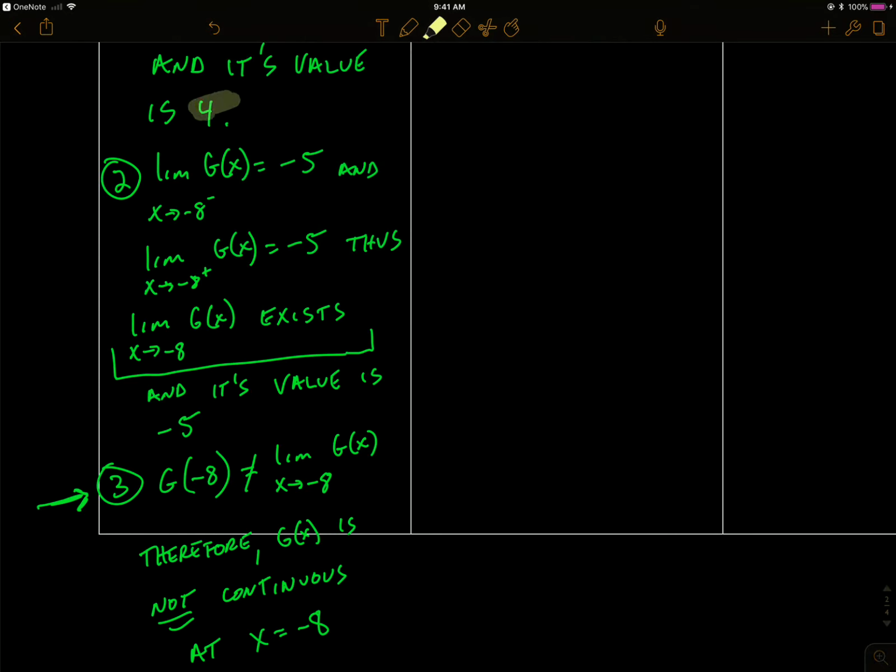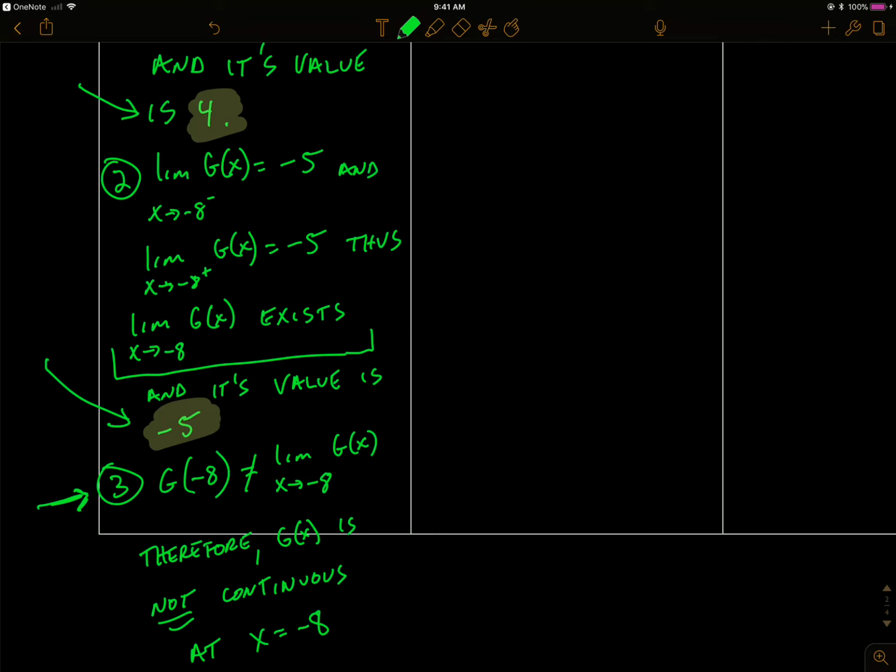I found that the defined value was 4, and the value of the limit was -5, and those are not the same. In other words, this function is approaching a height of -5, but when you get to -8, the height's actually 4. So there's no way you don't have to pick up your pencil, right?